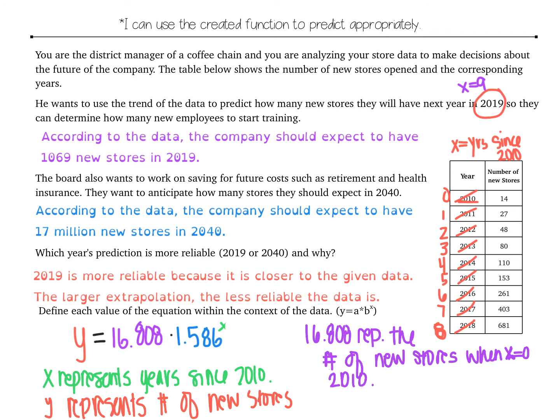So 16, and if you notice, it actually says 14, but remember this is taking all the data and kind of normalizing it into a curve that's pretty, so it's going to be roughly around there, but it won't be exact. And then the 1.586 represents how fast the stores are increasing or decreasing.